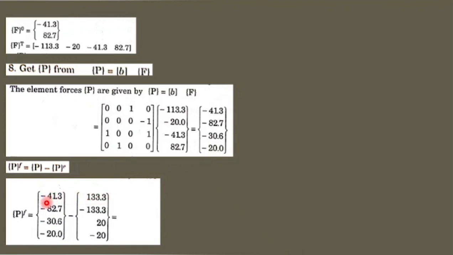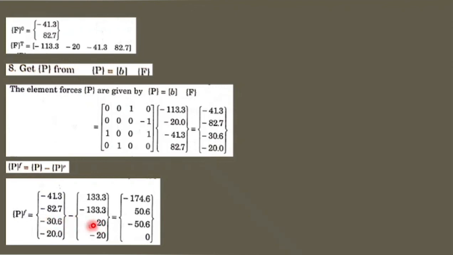You can just do minus 41.3 minus 113. What is your answer? 174.6. Minus 82.7, this will become plus 133.3, which will be 50.6. And you have minus 30.6 minus 20.